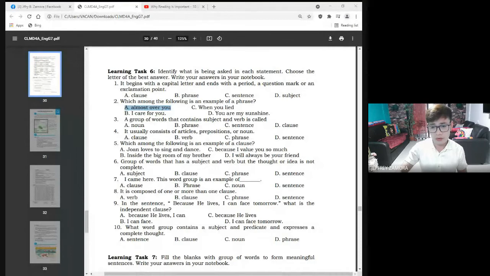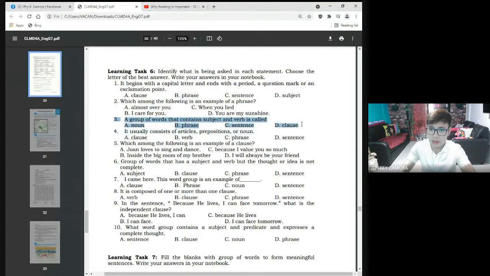I hope you always remember that. Even in college, you will encounter this kind of topic. That is a very basic foundation in English. If you cannot instill this topic in your mind, you cannot be good in English anymore.